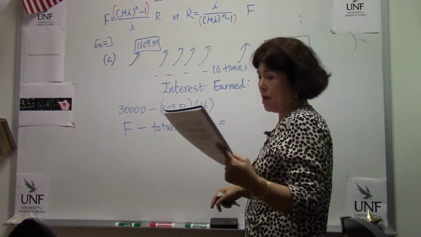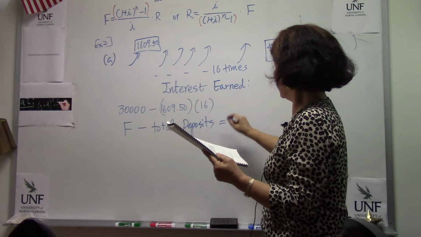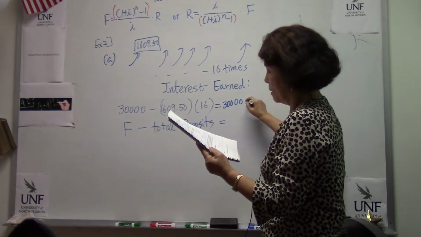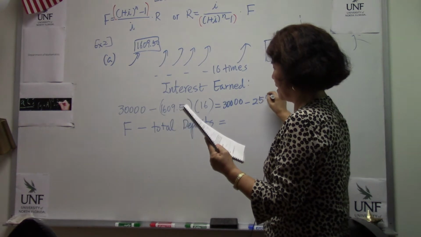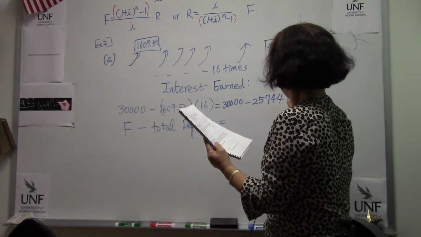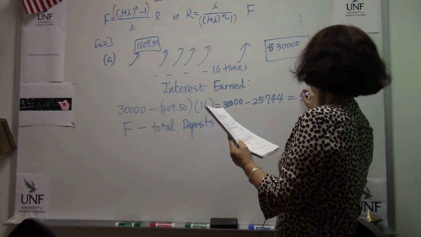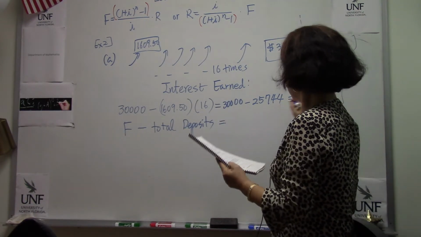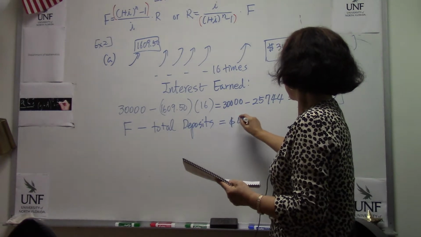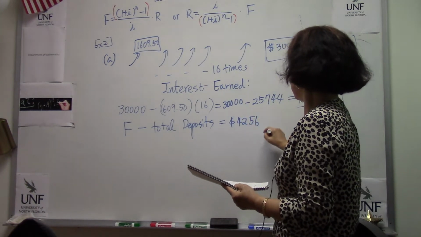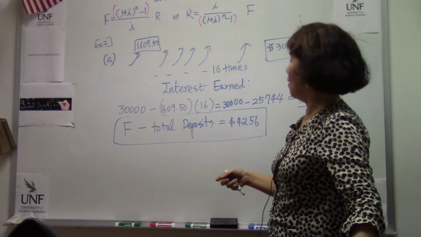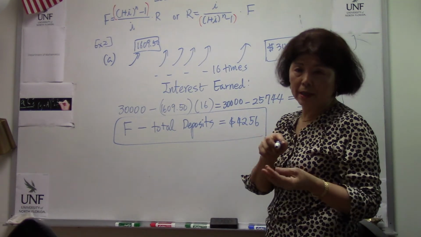Once you subtract, that is 30,000 subtract 25,744, that gives you $4,256. Yes, that is $4,256. So this is the general idea of how to compute the interest you earn.